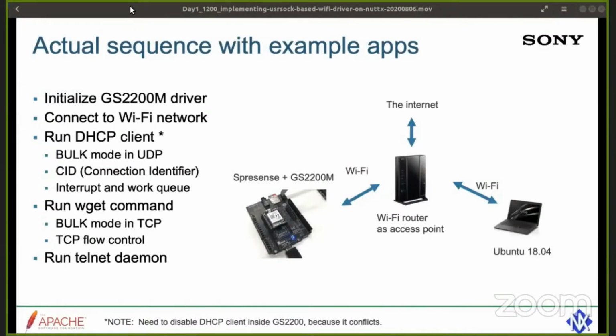Also, to receive a DHCP reply packet, interrupt and work queue on NuttX must be used. After an IP address is assigned, run the wget command, which uses HTTP over TCP. In this sequence, we also need to use bulk mode and handle the TCP flow control in the driver. And finally, run the telnet daemon.